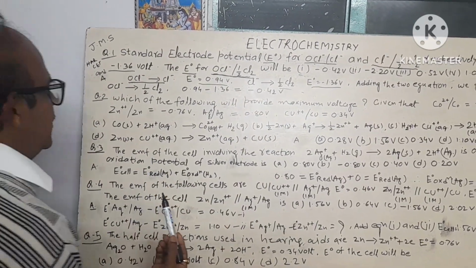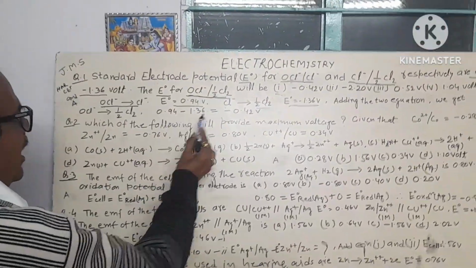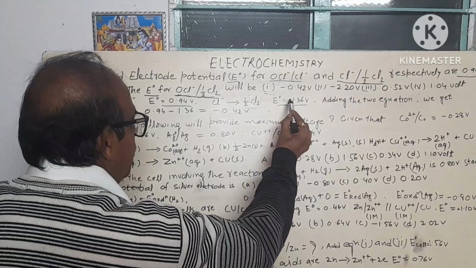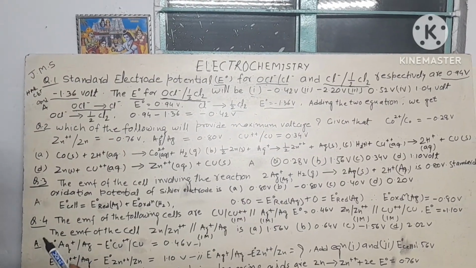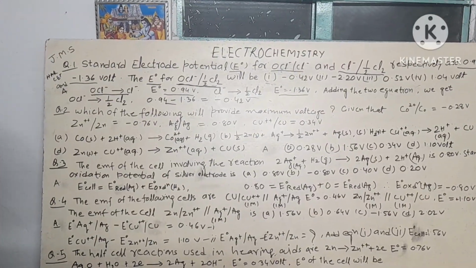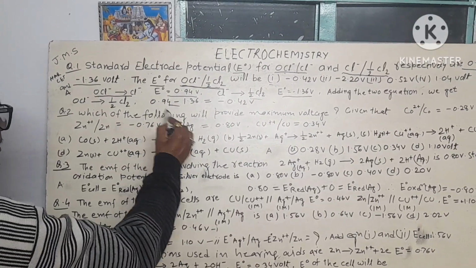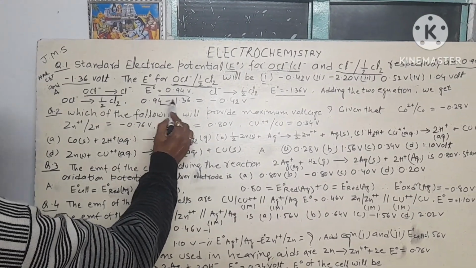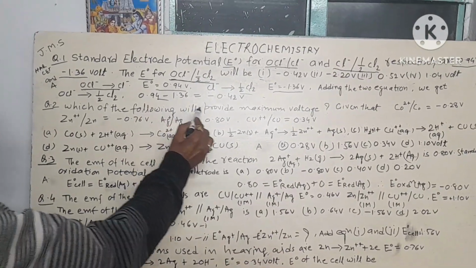Then when you add the potentials, what will you get? 0.94, and the second one was minus 1.36. So 0.94 plus, inside the bracket, minus 1.36, means 0.94 minus 1.36.